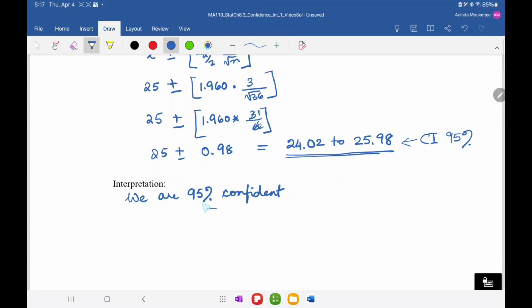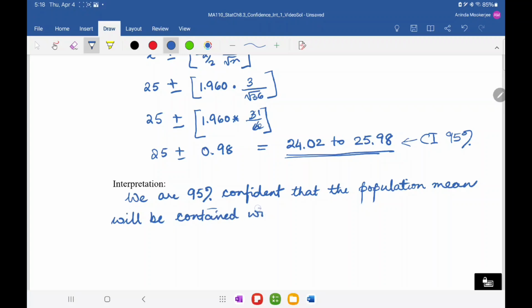So we are 95% confident that the population mean will be contained within the interval 24.02 to 25.98. So it's very important that you include these phrases. We are 95% confident.